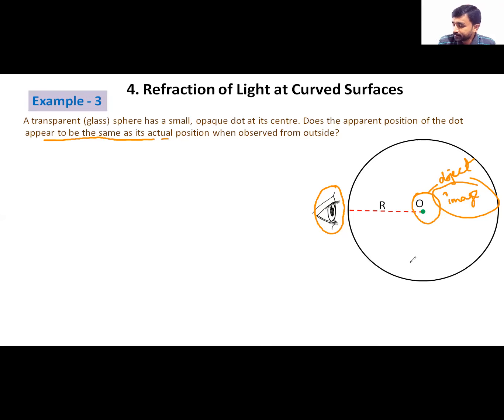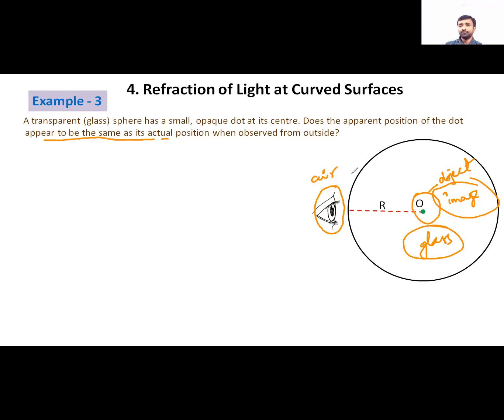You are in a medium, air, and the object is in a medium called glass. Where you are, it is air. Where is the object? In the glass.